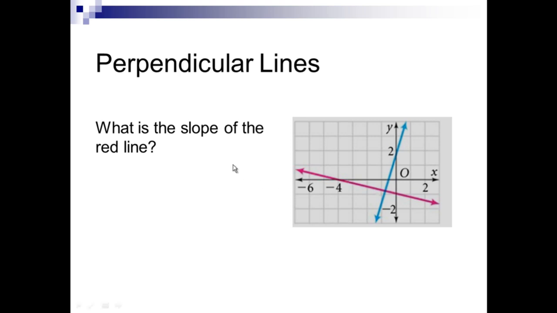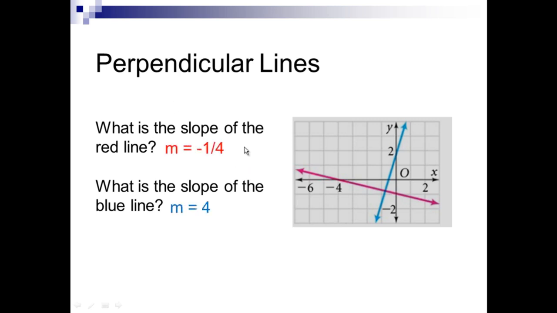Let's check it for the slope. For the red line, the gradient is -1/4, counting 1, 2, 3, 4. And then for the blue line, the gradient is 4/1, counting 1, 2, 3, 4. So gradient 1 is -1/4 and gradient 2 is 4.